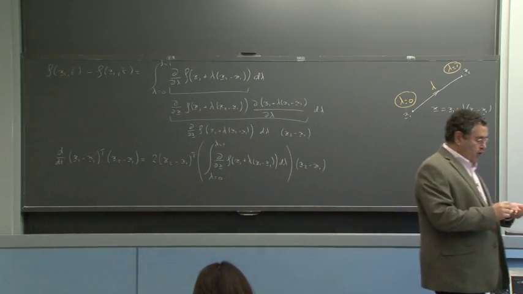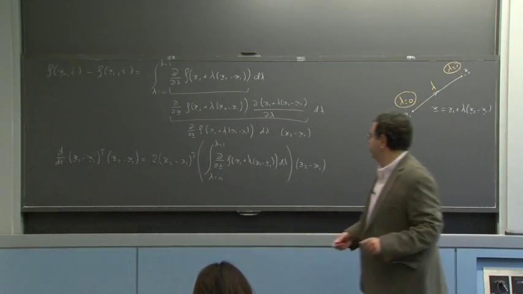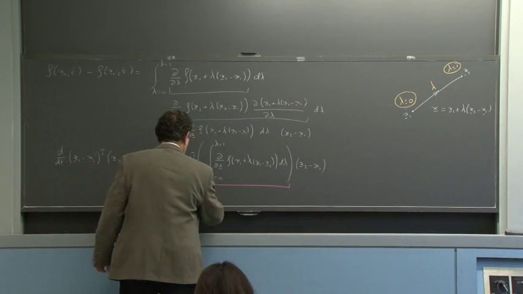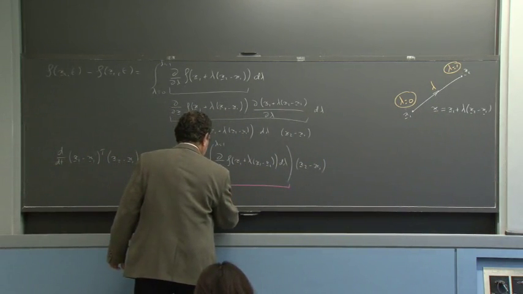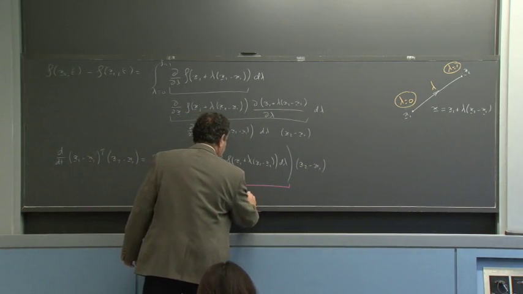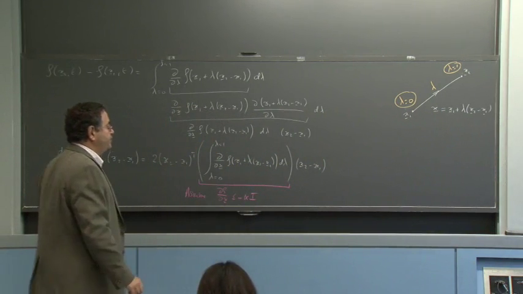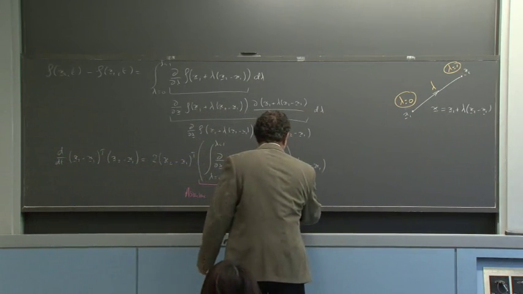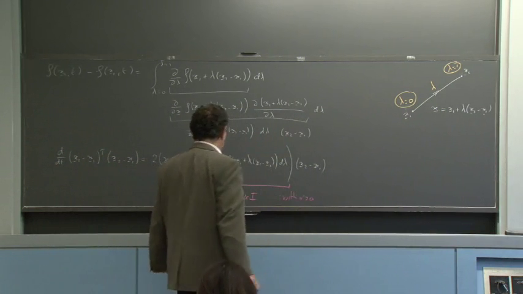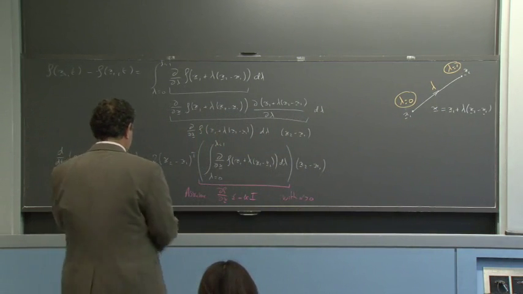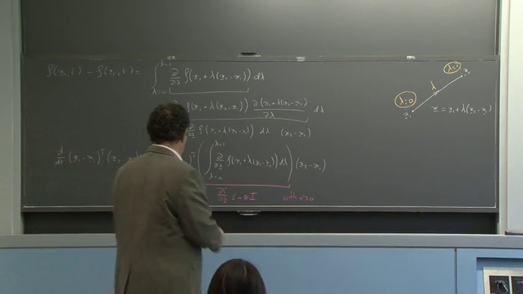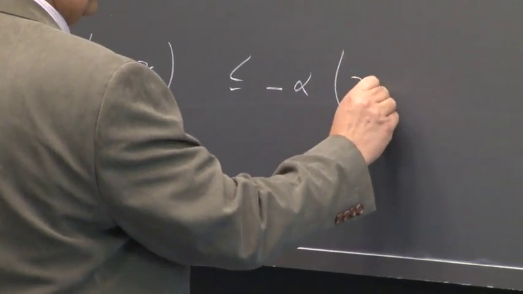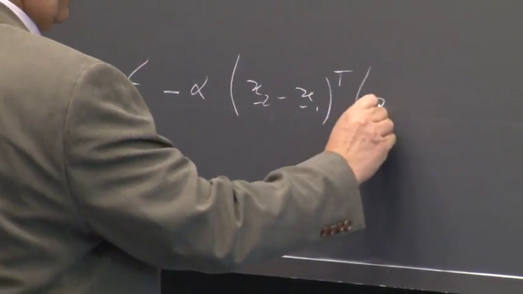And so if we assume that this Jacobian df over dx is always less than some minus alpha times I, with alpha a positive constant, then this will be less than minus alpha times x2 minus x1 transpose x2 minus x1.